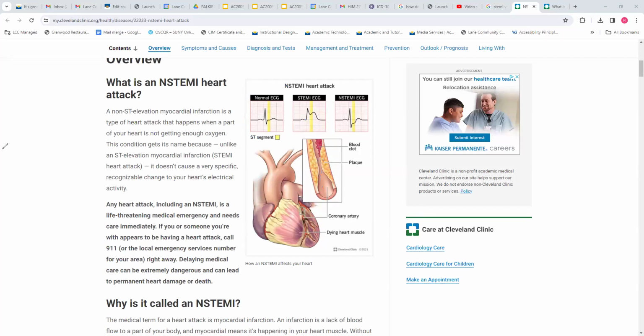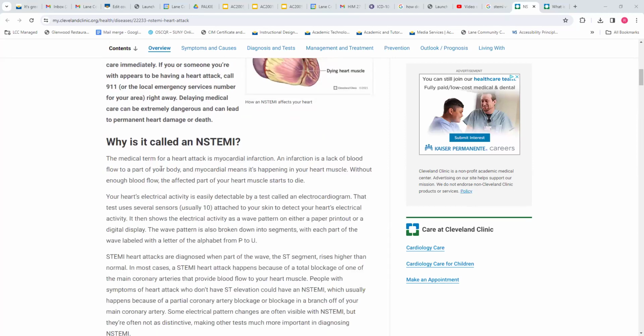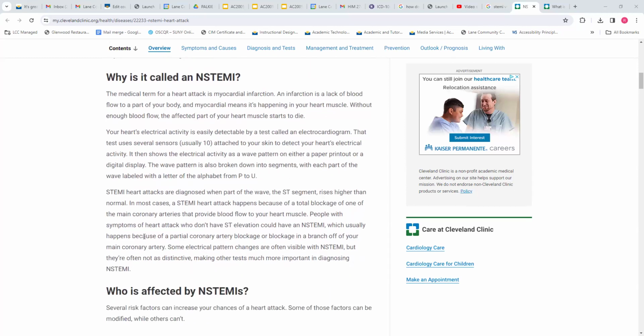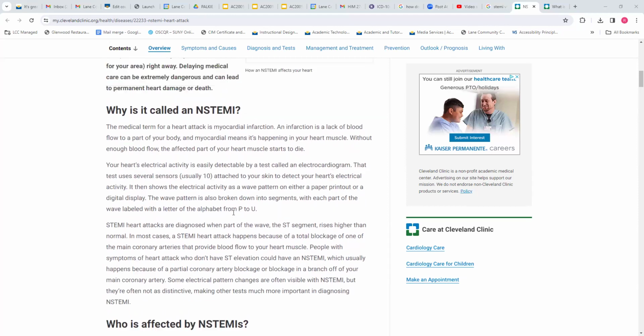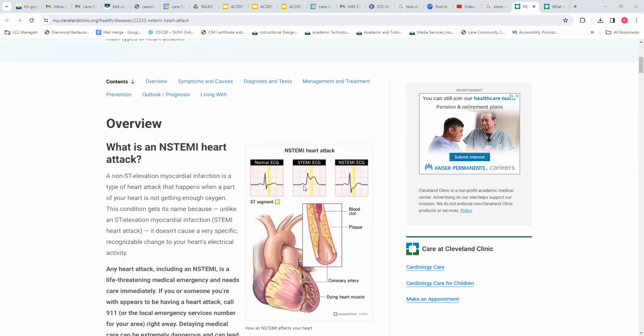And again, why is it called a non-STEMI? Because you don't have that elevation, right? So rather than get into the weeds about the QRS waves and all these other things, it's enough to know this section here, the ST segment: elevated, non-elevated, normal, non-elevated, and then elevated.